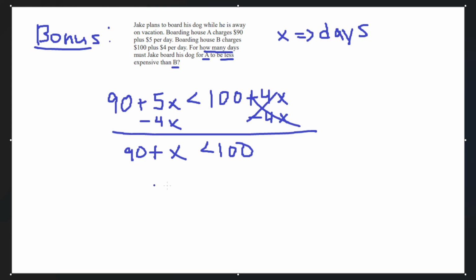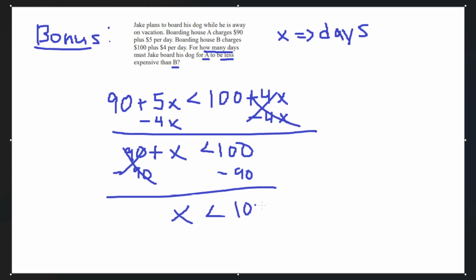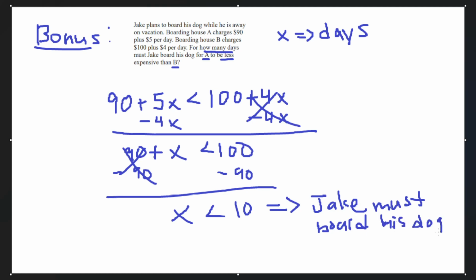And then if we subtract 90 from both sides, we'll get that x is less than 10, which means Jake must board his dog for 10 days.